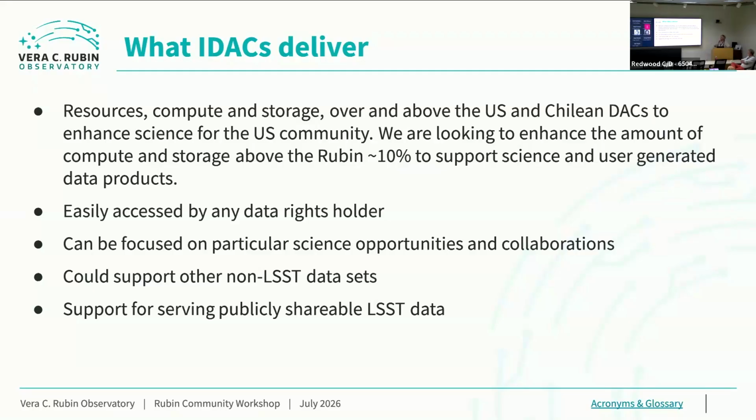And we also have IDACs that are providing support for publicly shareable LSST data. Canada is an example of this. So Rubin data goes public after 2 years, but that does not mean that any public member gets an account at the U.S. Data Access Center. So this is a way to deliver that data to them.